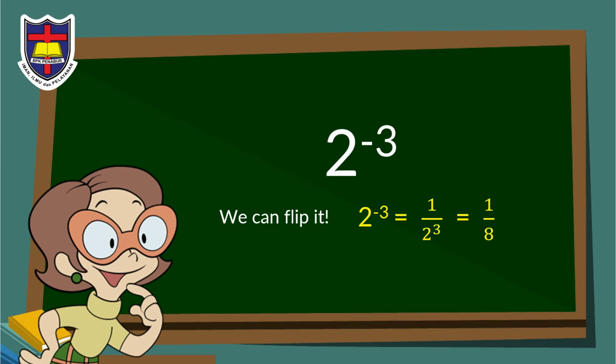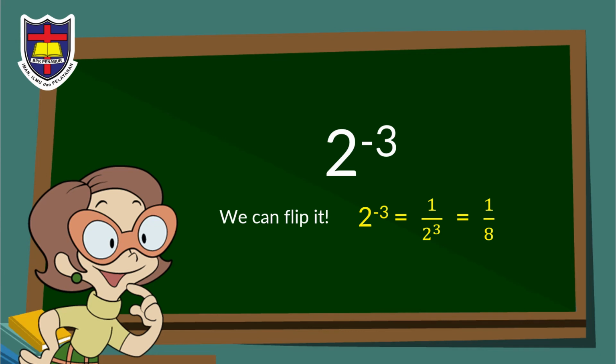So the position of 2 to the power of negative 3 is in the numerator. So we change the position from numerator to denominator. If we change the position, the sign will be changed. So if I have 2 to the power of negative 3, we change its position to the denominator.